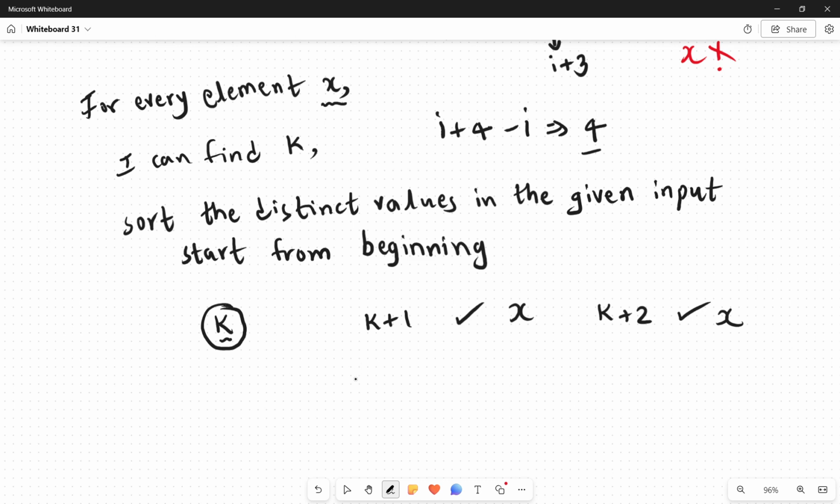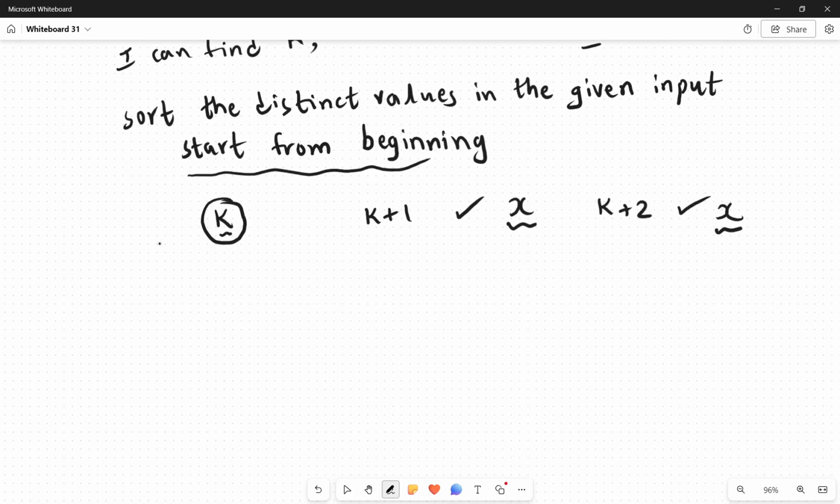So for every group size greater than k, my answer is going to be x, because it is the minimum possible element we have chosen, right? And we will maintain the answer array of size n.